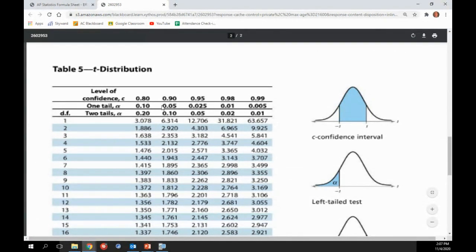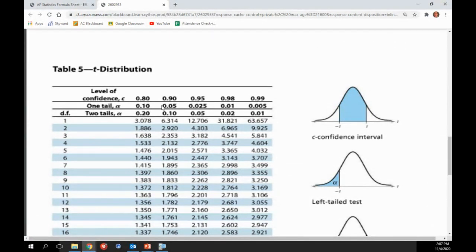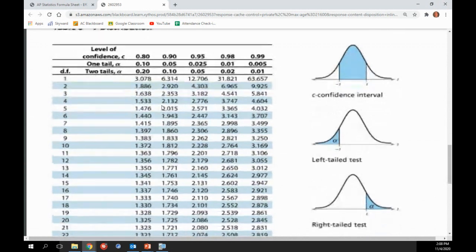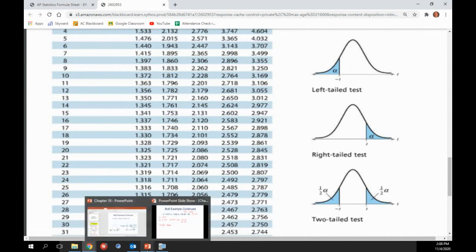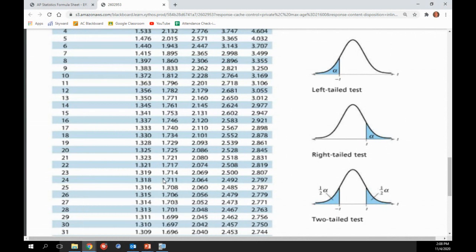How many degrees of freedom? 24. So look down here until you get to 24. What's your critical value? 1.711. Perfect. So it's right there.